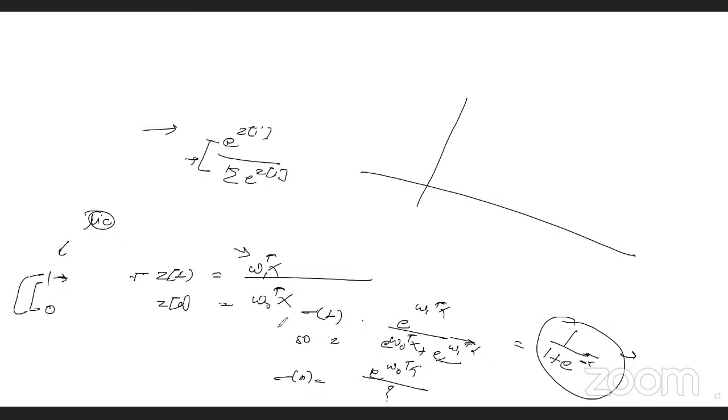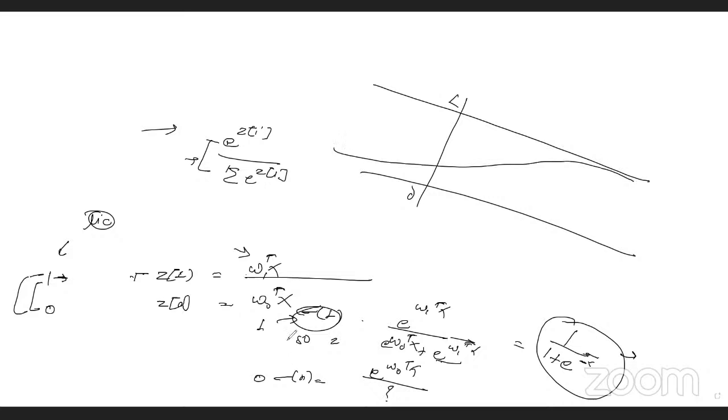If this value goes close to 1, the other value will go close to 0, because these are probabilities and the sum is always 1. So what happens if we draw these curves? Let's say this is 0 and 1. If the curve of this thing is something like that, then the second curve will automatically be something like that, right?